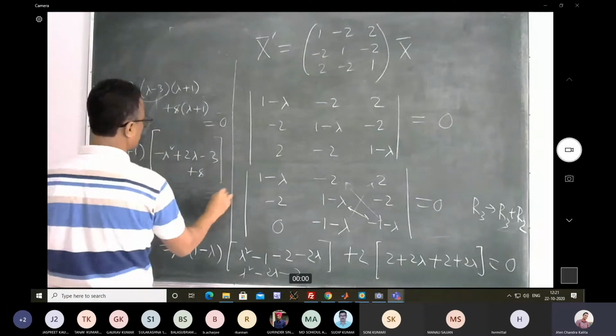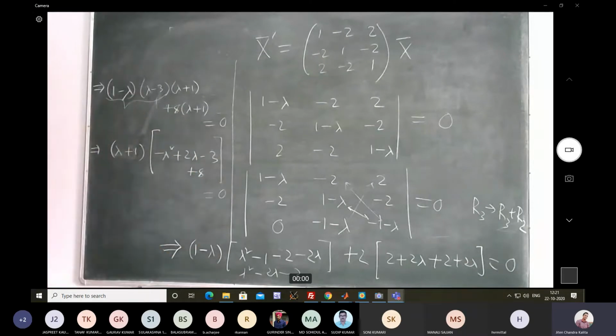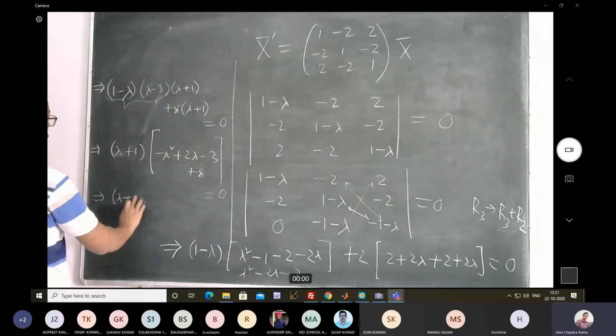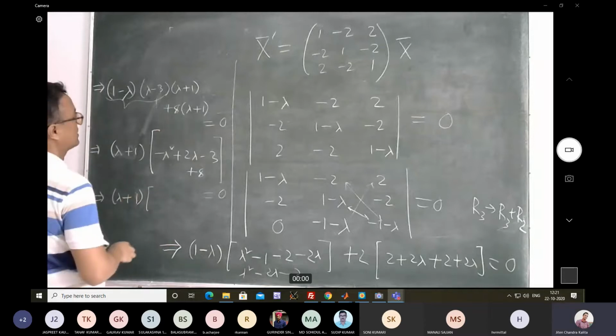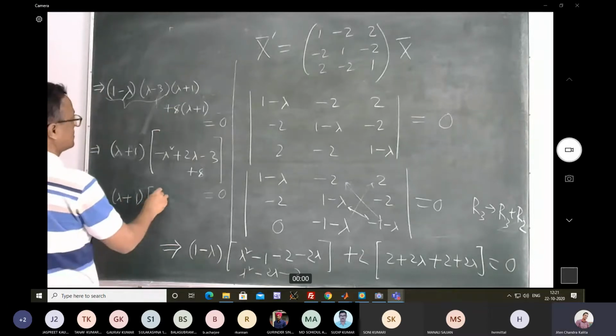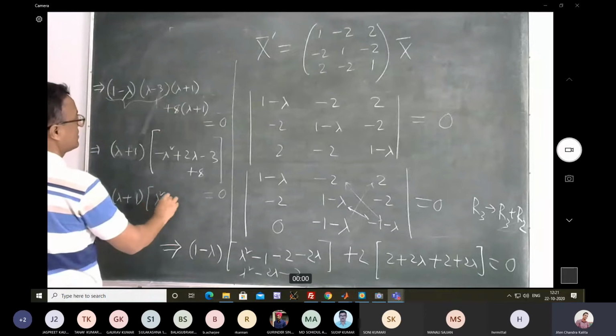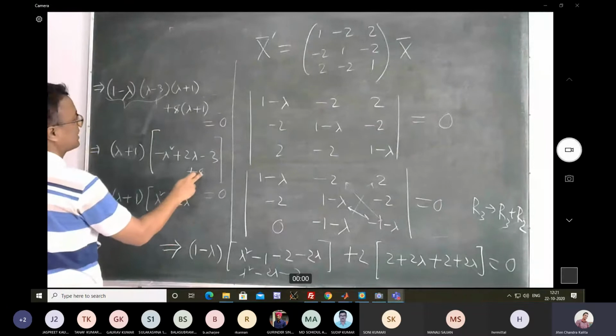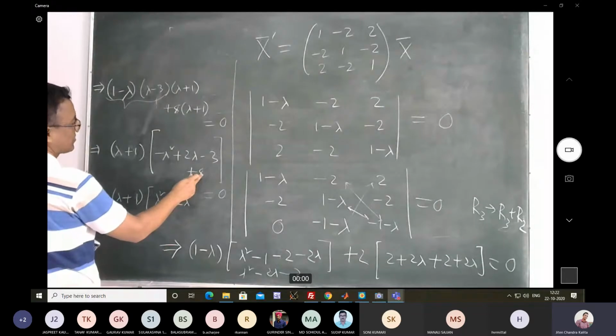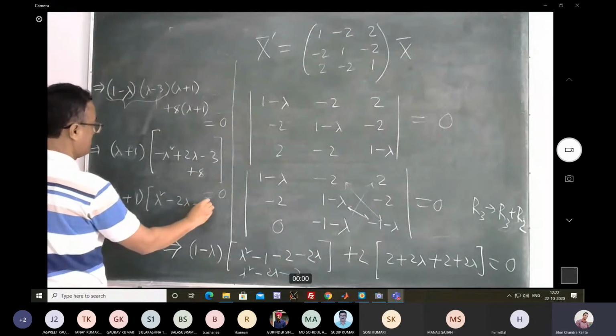I think I should be okay. Fine. So this is going to give me lambda plus 1, and then this is what? Lambda squared minus 2 lambda. So minus 3 plus 8, that was plus 5. So this is going to be minus 5.